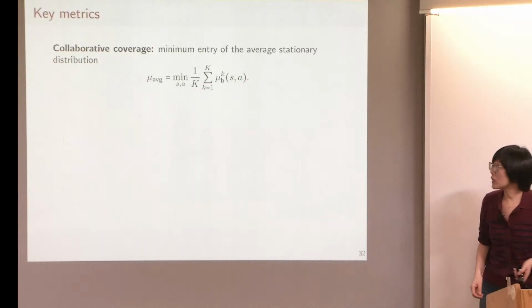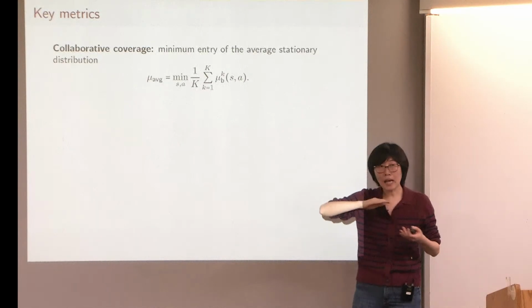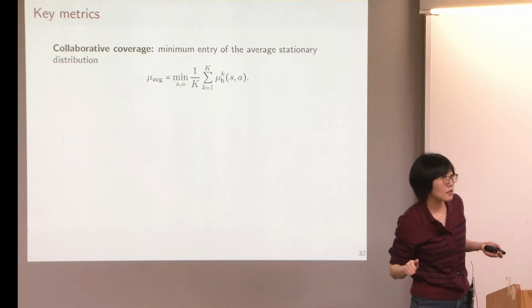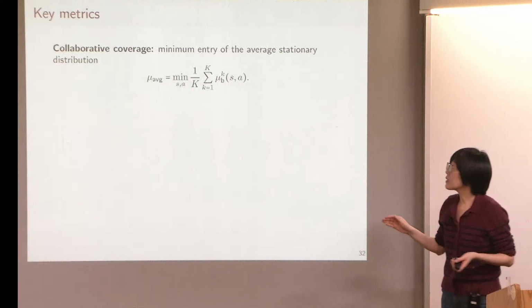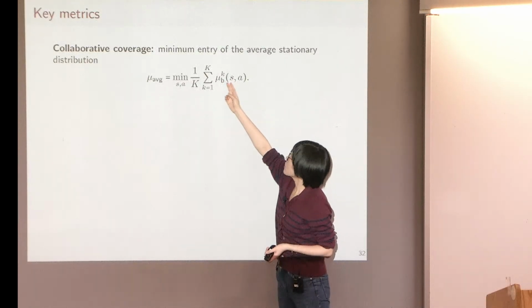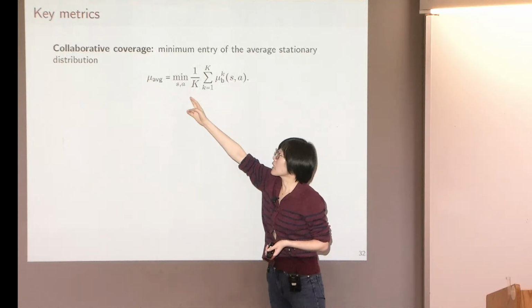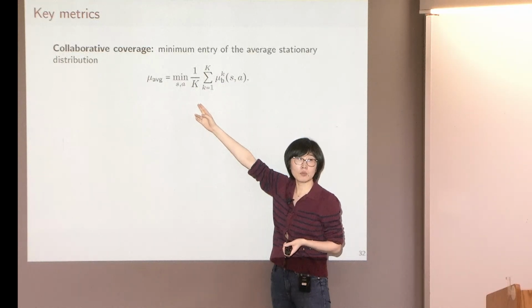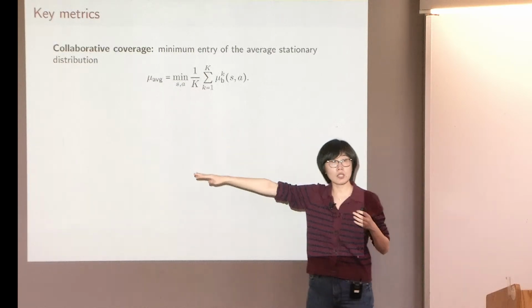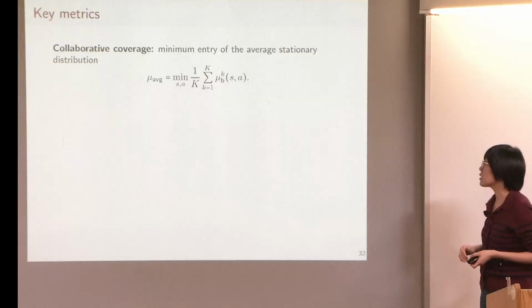So the first quantity we care about is, on average, how the state action space is being covered. This looks at the average visitations across all the agents and takes the bottleneck entry, which is the minimum of this average distribution over the entire state action space. So this is an important quantity.